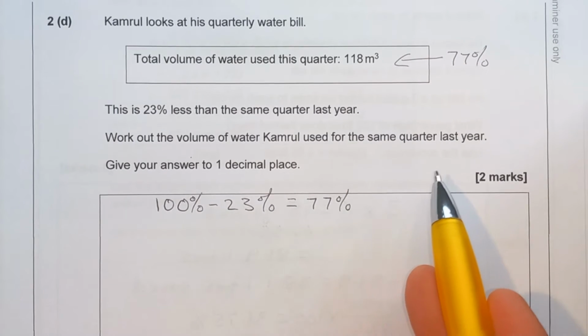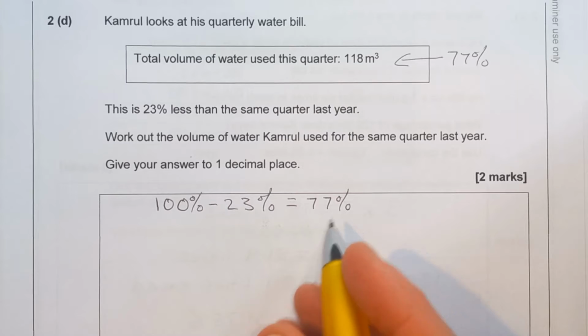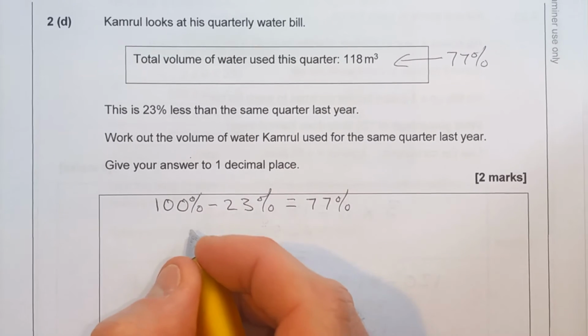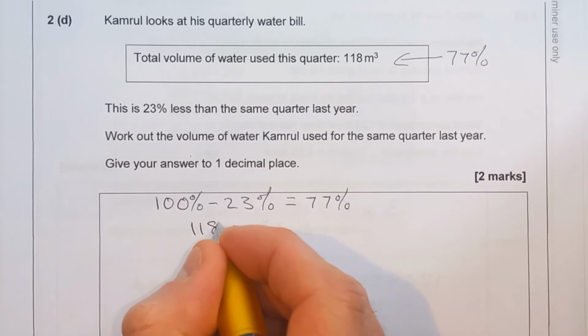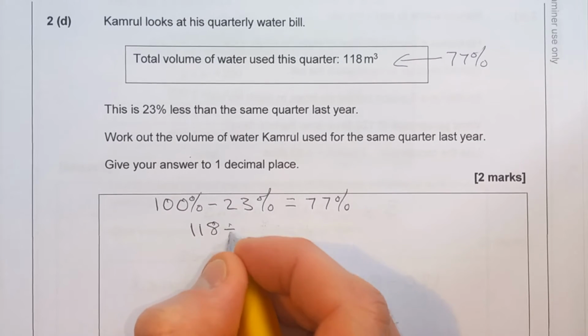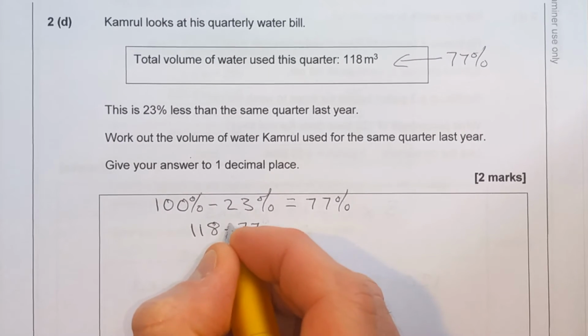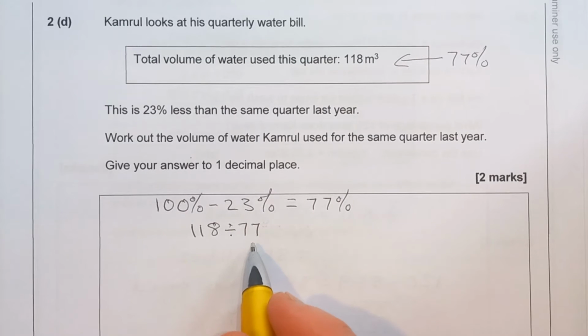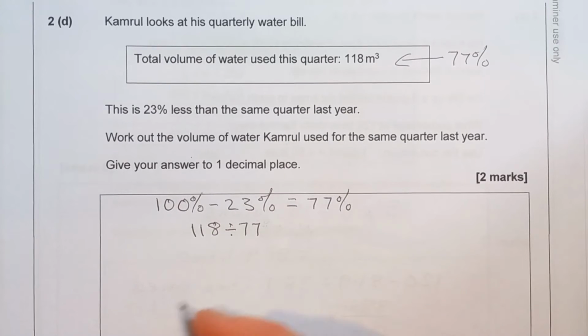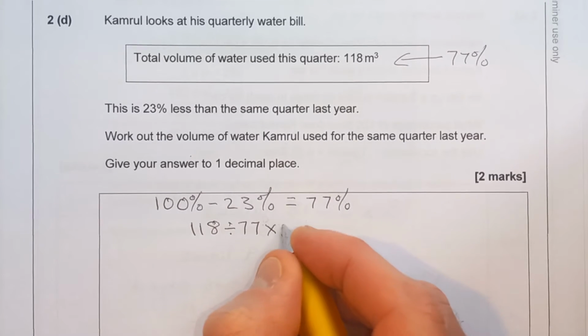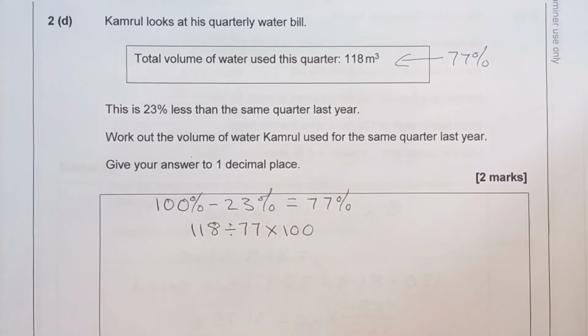So we want to know how much you used last year. So, well, if this is 77%, the first thing we can say is 118. If we divide it by 77, it's going to tell us how much we use for 1%. If we then want to find out what 100% is, we then multiply it by 100.